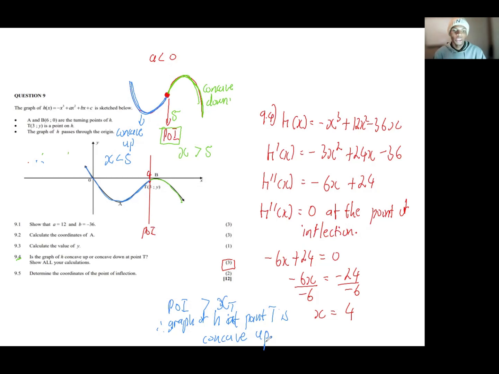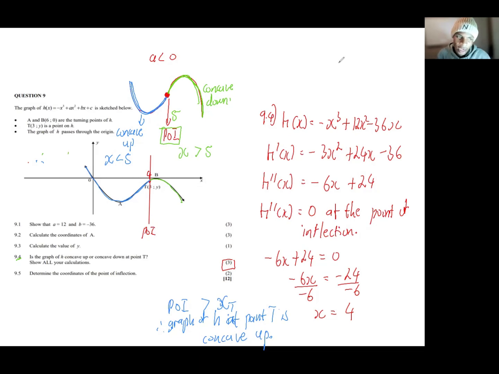Right, so our conclusion is that because the x-coordinate of the point of inflection is greater than the x-coordinate of T, the graph of H at point T is concave up. Right, so that's how you were supposed to go through that.